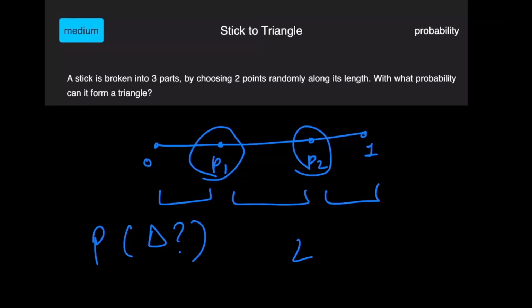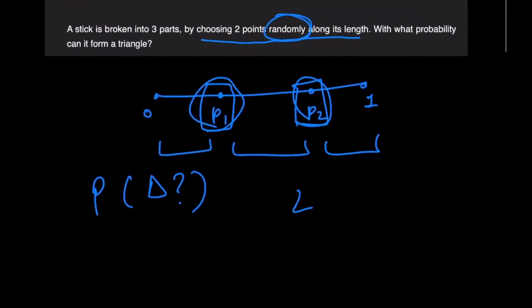Since it's mentioned over here that we choose two points randomly along its length, we should instantly understand that these are uniformly distributed continuous random variables. And we already know that whenever a problem mentions uniformly distributed random variables, 99% of the time it's a problem of graph shading. So yeah, we've been given two random variables which vary between 0 and 1 and are uniformly distributed between these two values.